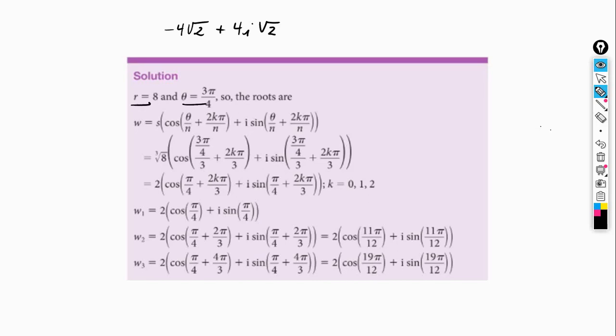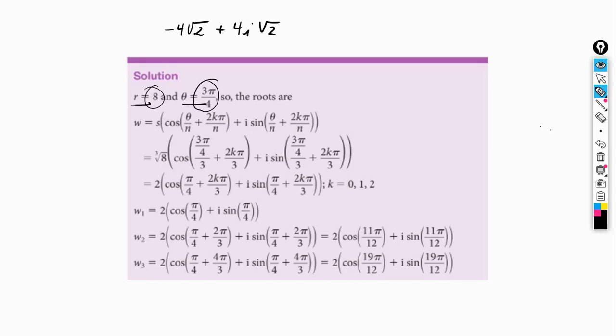So notice that the modulus is 8 and the argument is 3 pi fourths. So then we use the formula, W equals S times cosine of theta over n plus 2k pi over n plus i sine of theta over n plus 2k pi over n. So all we have to do is substitute.